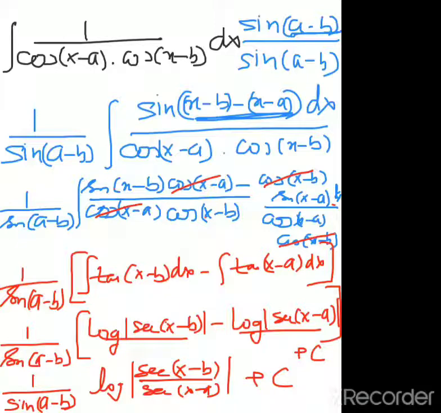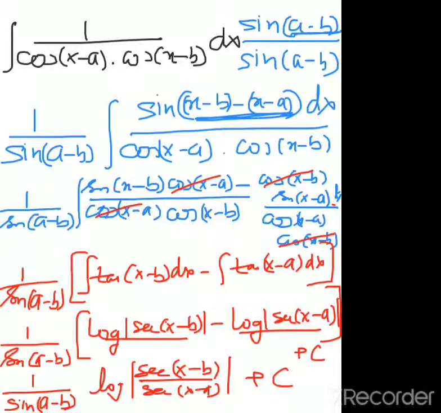Still, we can convert them into cos. So log cos x minus a upon cos x minus b. Also, we could write the same thing if we want to write them in terms of cos, then it will be written 1 upon sine a minus b log cos x minus a upon cos x minus b plus c.